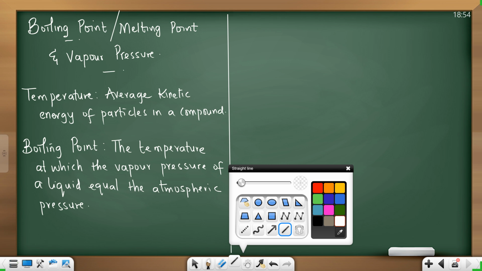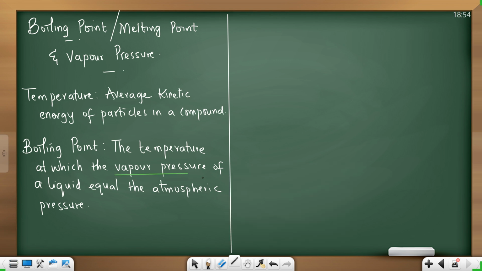I want us to quickly define vapor pressure. What is vapor pressure? Basically the pressure of a vapor, but we don't write it that way.